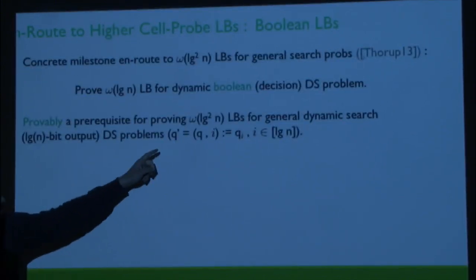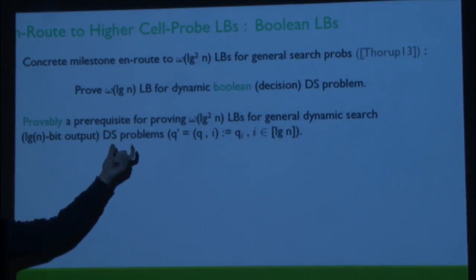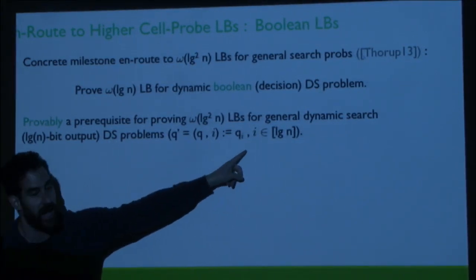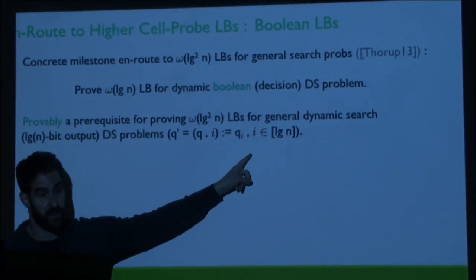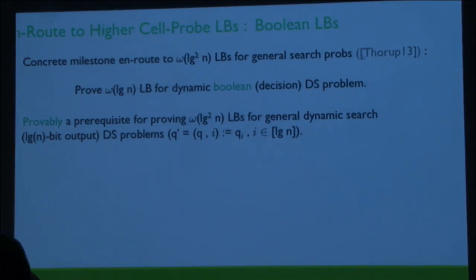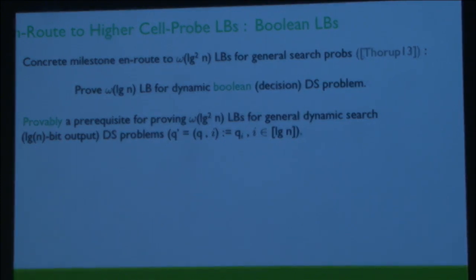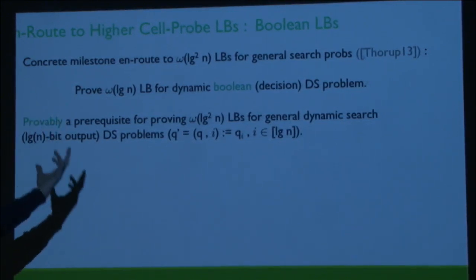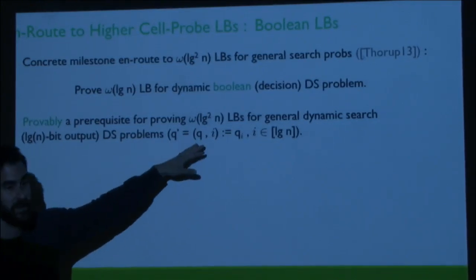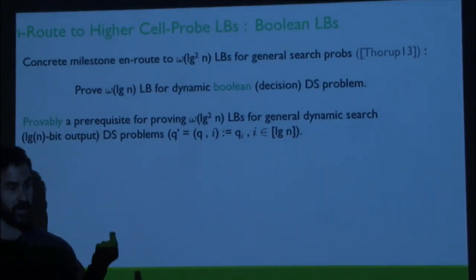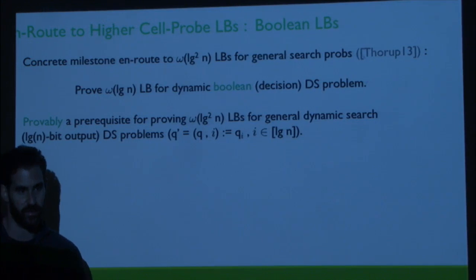Why? Because you just define a new problem based on this hard problem that outputs the ith bit of the general problem. It's not hard to see that log n executions of the Boolean problem can solve the big problem. So if you have a super log squared n bound for the general problem, you have a super logarithmic one for one coordinate. Okay, this is a quick sketch.